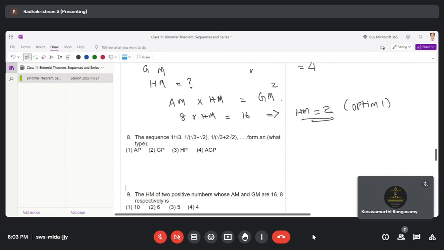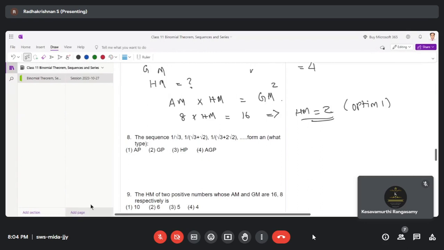Is it an AP? I think so. It's HP. What did you say, Shweta? The harmonic progression, sir. Harmonic progression. Tejaswini. Okay, yeah, harmonic progression.